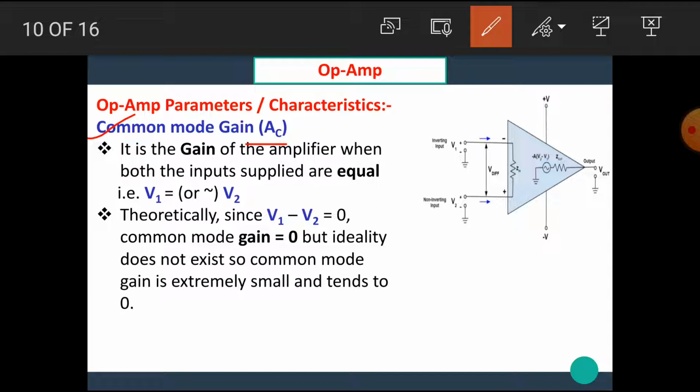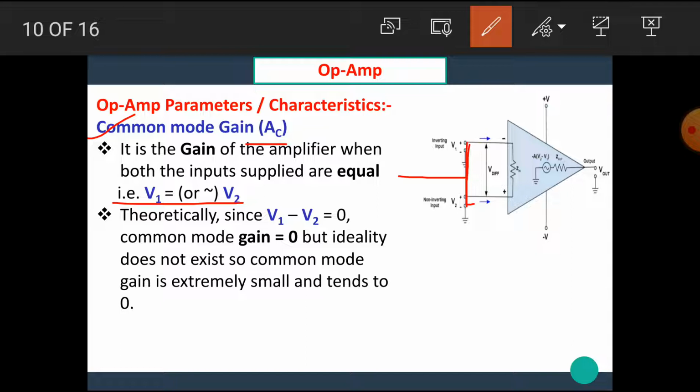It is the gain of the amplifier when both the inputs supplied are equal, that is V1 equal to or nearly equal to V2. That means when we combine both the inputs, then we get the common mode gain.